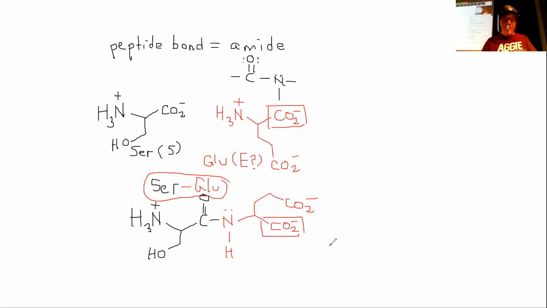So, if you want to see what yet a third one would look like, I could show you. If we did serine and glutamine, then, oh, let's make it easy on ourselves, glycine. Would not be too complicated. We would use this carboxylic acid functional group over here.